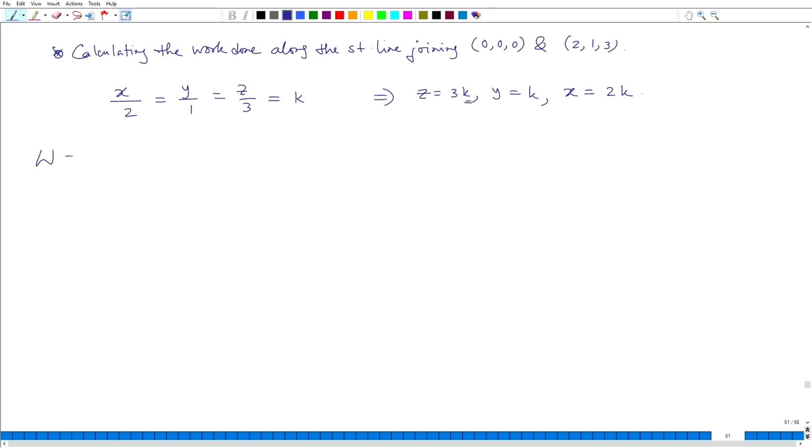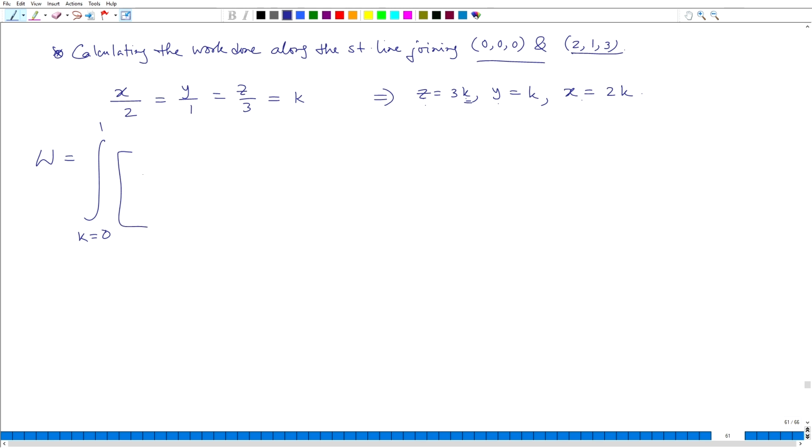Then if I have this, the work done will now be an integration. When k is equal to 0, you have the points z 0, y 0 and x 0. When k is equal to 1, you have z 3, y 1 and x 2, that is this point. So, I can now do the integration from k 0 to 1 and everything will be a function of k.